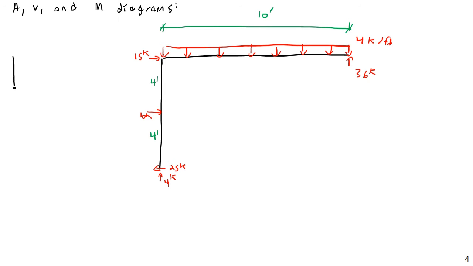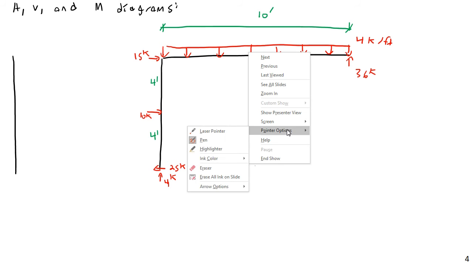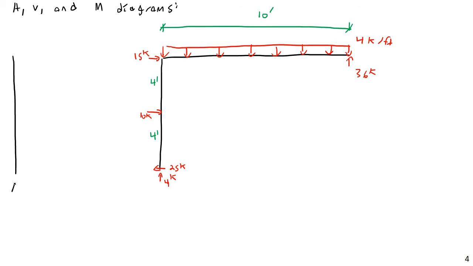And I'm going to draw this along the orientation of the member. So, actually I probably should have drawn this a little lower, but that's okay. Here, so for my column here, I'm going to call this A in kips, then a V, a shear diagram line, V in kips, and then the moment in kip feet.